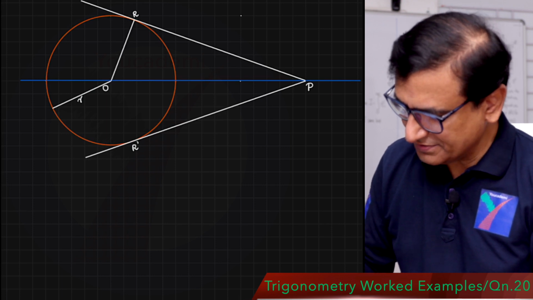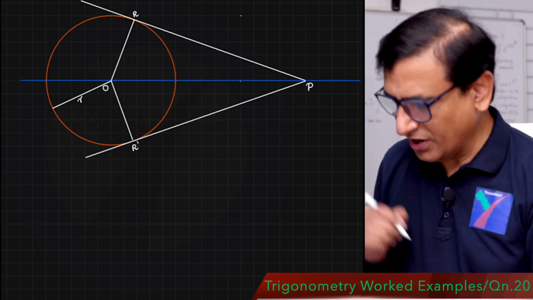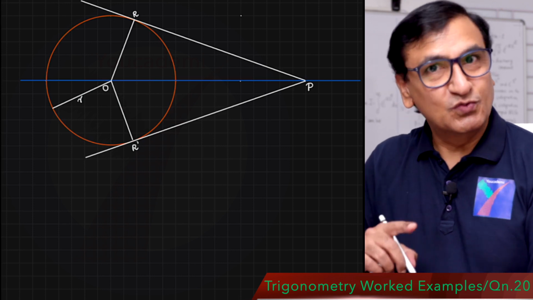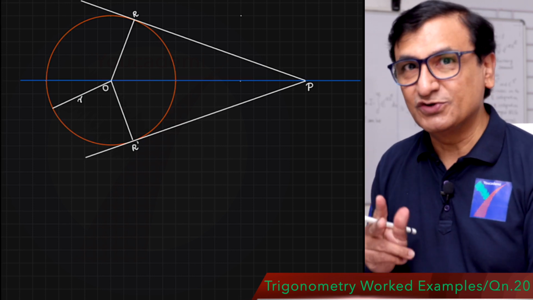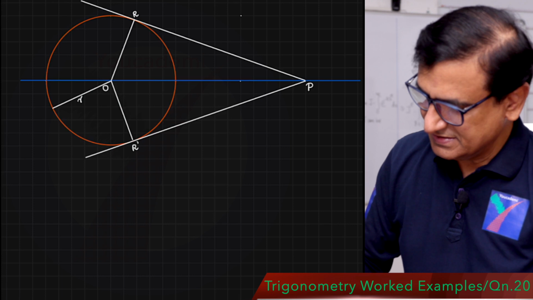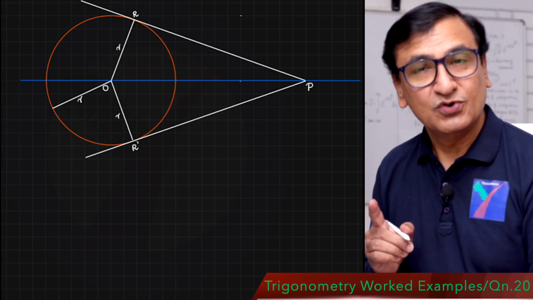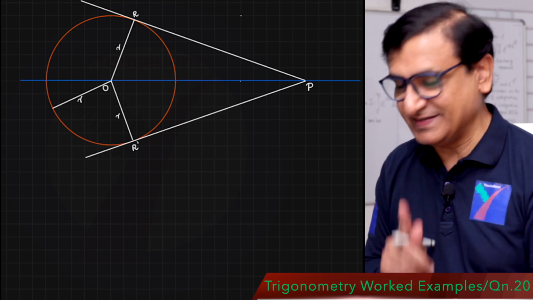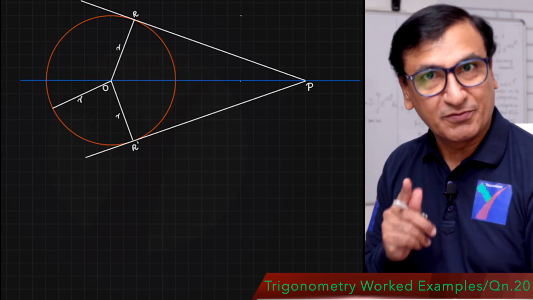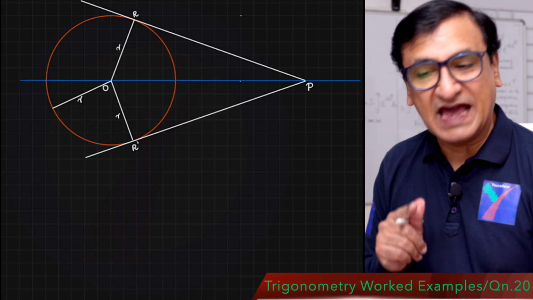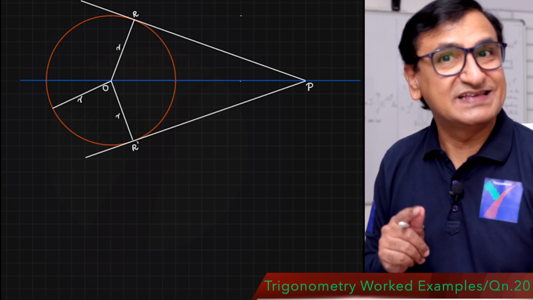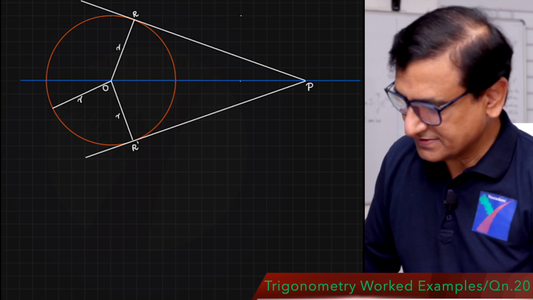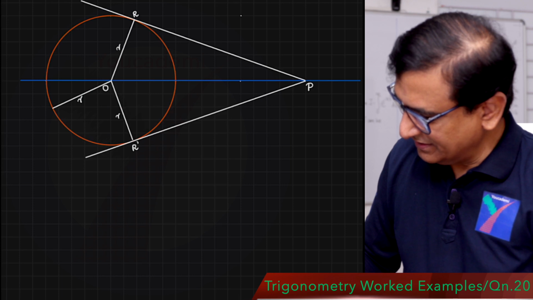Remember, both OR and OR prime are equal to the radius R. Now, as per the law of tangents, the line OP bisects the angle RPR prime. Let's mark the angle RPO as angle theta. So this is our angle theta.